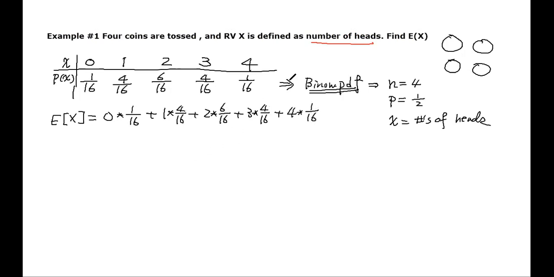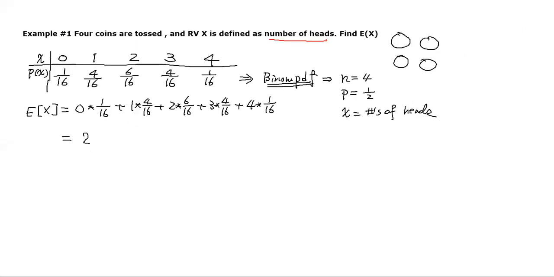If you put this into the calculator, you will get 2. It's kind of intuitively true, right? If you toss 4 coins, how many heads do you expect? About 2 heads, right? So that's what we call the expected value here.